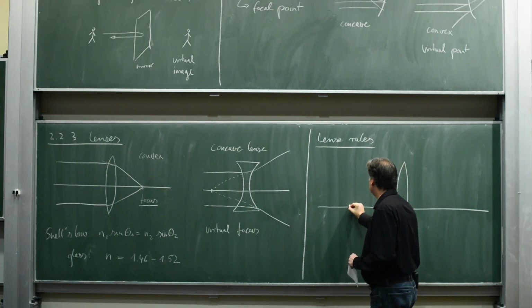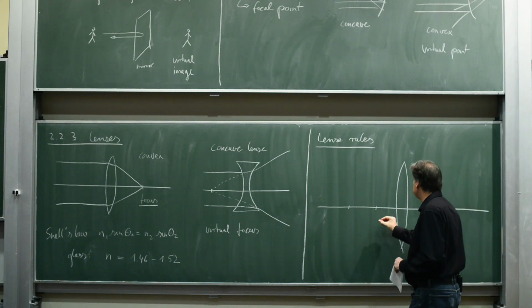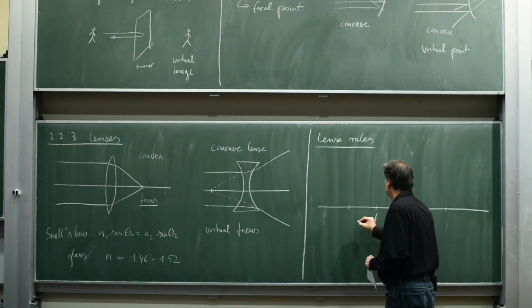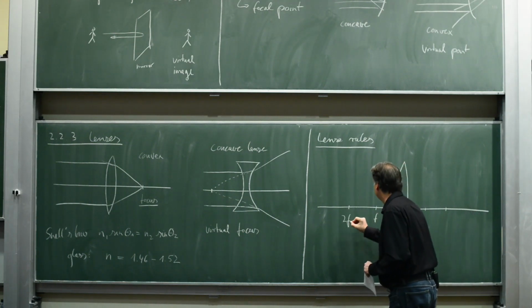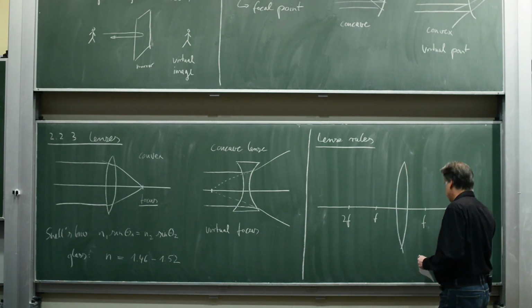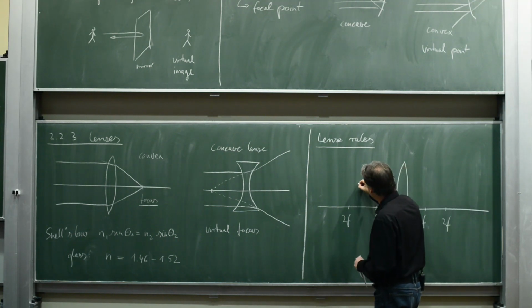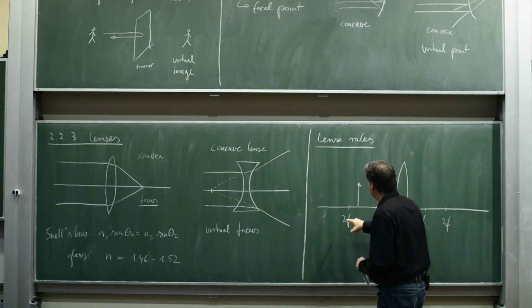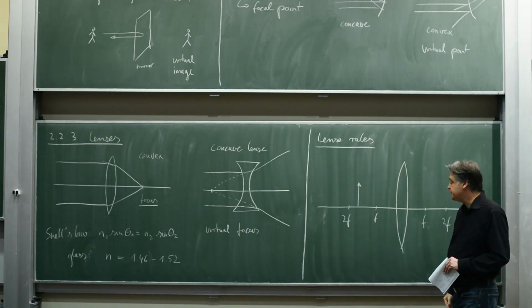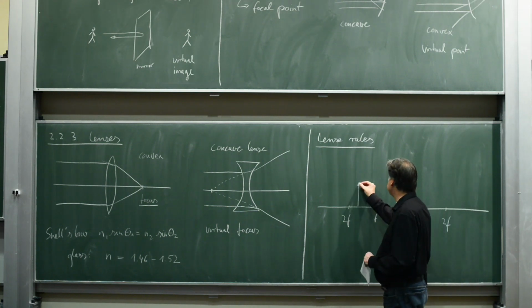And I would like to draw the focal points here, f and 2 times f on both sides of the lens. So if I place an object here between f and 2f, we'll get the following situation.